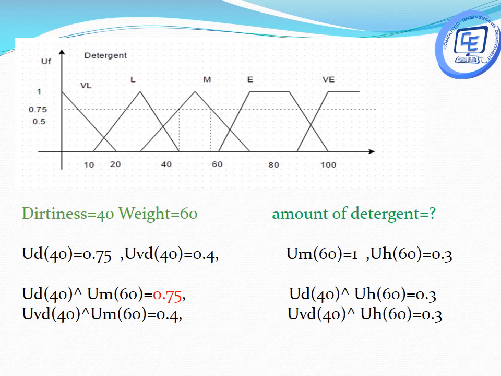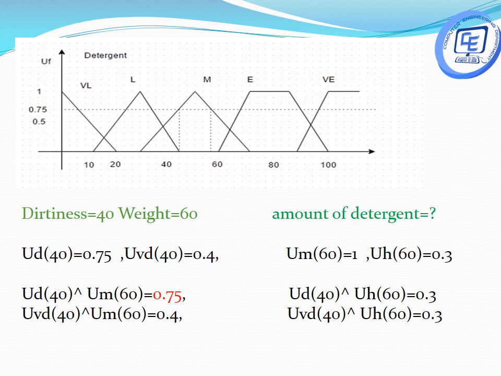Hence, as we have seen in this slide, the left hand side first equation I have given as mu, please consider it as mu, which is the membership function. So mu D of 40 is equal to 0.75 and mu VD of 40 is equal to 0.4. So for dirtiness we have got two values, 0.75 and 0.4, lying on D and VD.